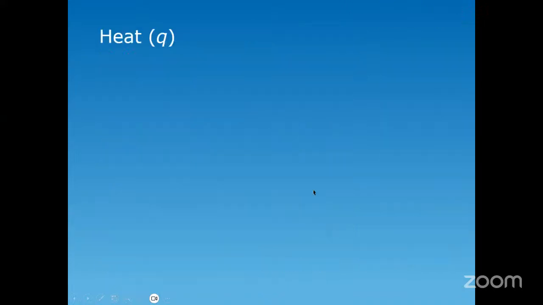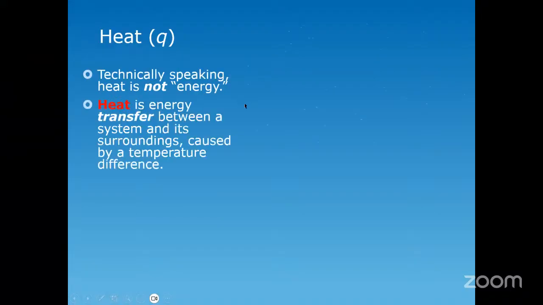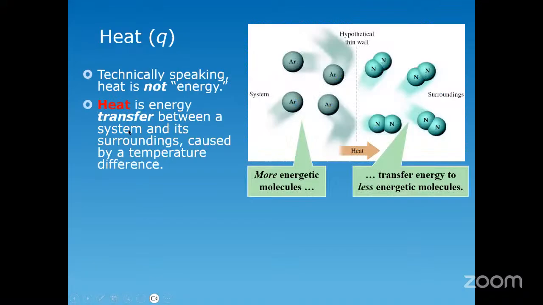All right, then we have this term heat, which is another term that you have to be familiar with. Here's a definition of what heat means. Heat is the energy transfer between a system and its surroundings caused by a temperature difference, right? So an example is given here, a hypothetical example. Let's say you have a hypothetical thin wall here.